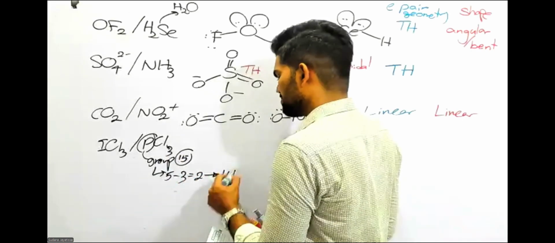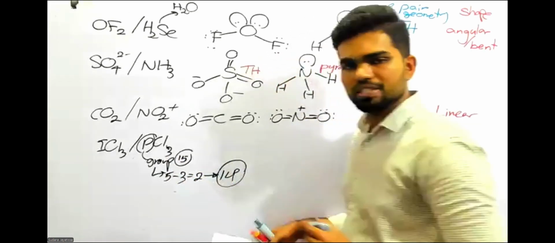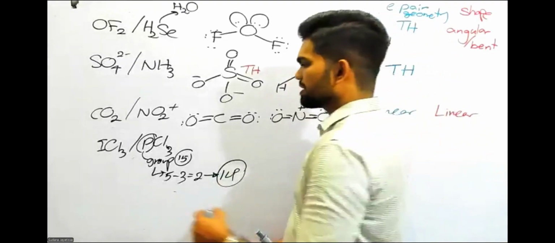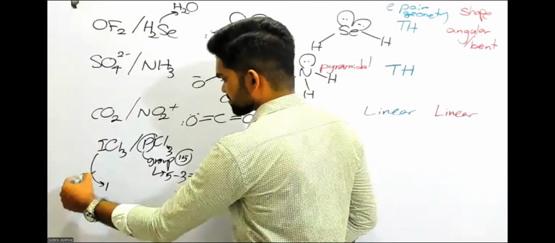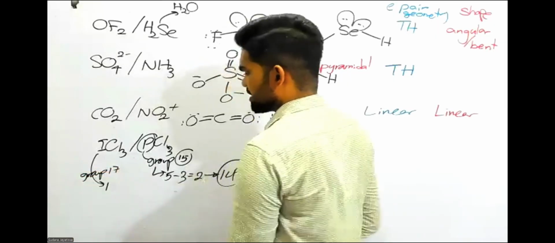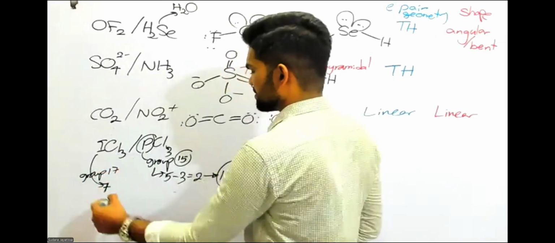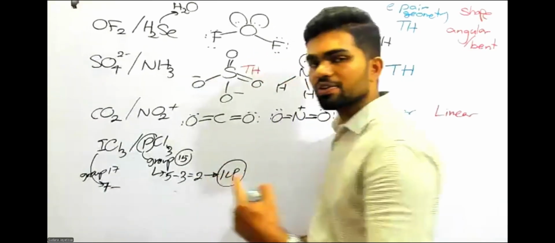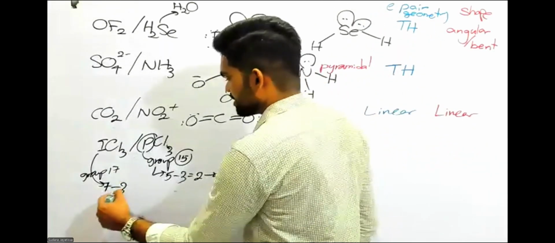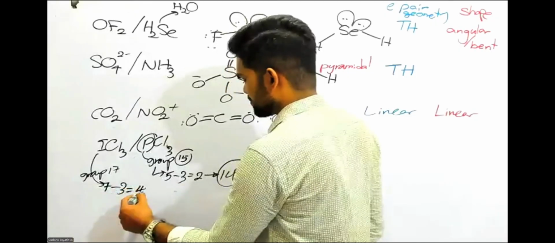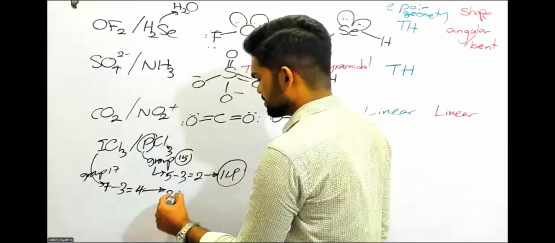That means 1 lone pair. Think like that. Then take iodine. Iodine is in group 17, so it would have 7 valence electrons. Out of those 7, if 3 are gone for bonding with chlorine, you will be left with 4 electrons. 4 electrons means 2 lone pairs.